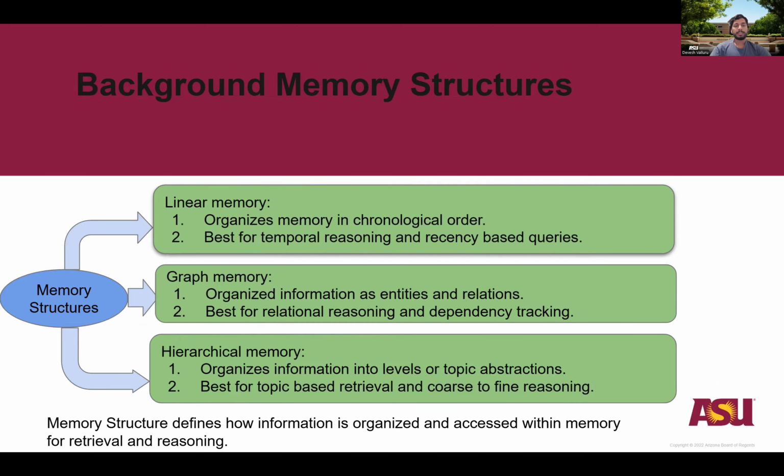With the memory structures, we again have three types: linear, graph, and hierarchical. The linear structure organizes memory in chronological order, and it is best for temporal reasoning and recency-based queries. We also have the graph memory structure, in which the information is organized as entities and relations, similar to a graph data structure, and this is best for relational reasoning and dependency tracking.